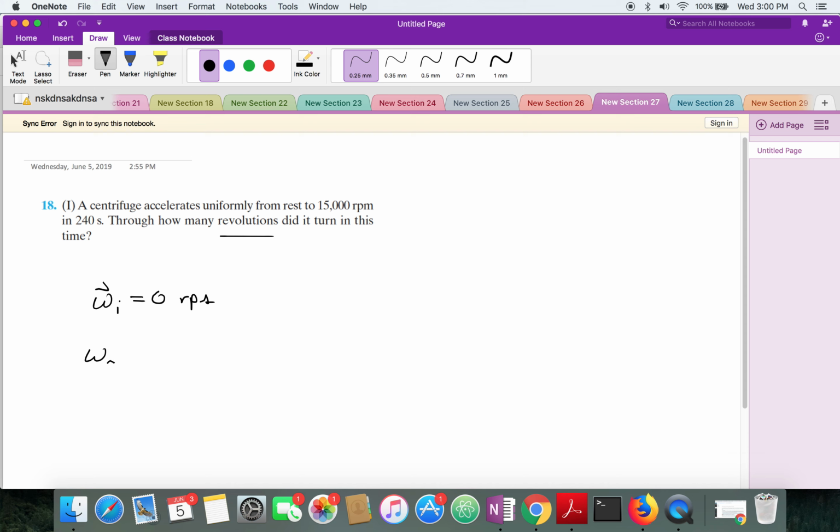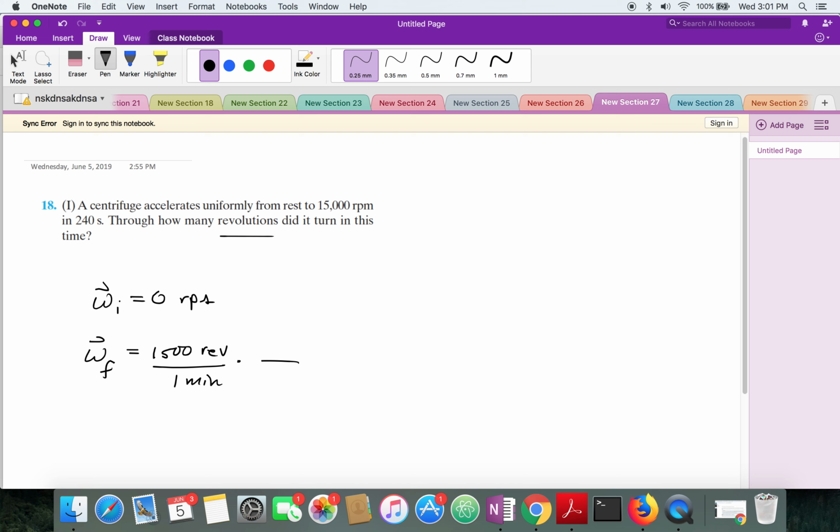Our omega final, we need to deal with that because right now it's in revolutions per minute. So 1500 revolutions in 1 minute. And we want to work in RPS, revolutions per second, just because our time is given in seconds. You could choose to work in minutes. That would be 4 minutes. Same thing. That might even be easier, but we're already doing this.